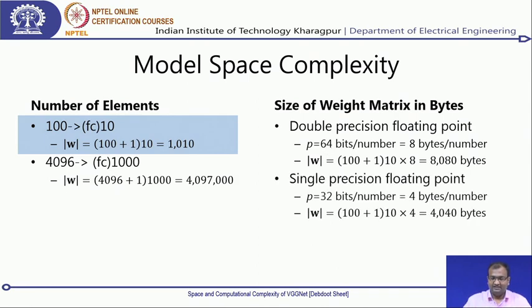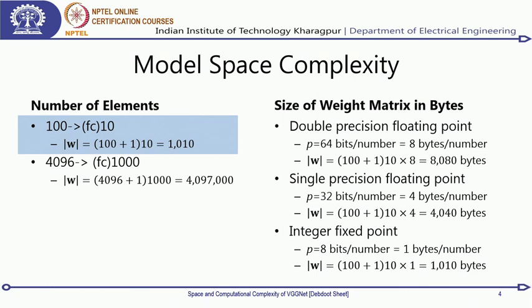Now, say that I change it and come down to a single precision floating point number system, which requires just 4 bytes per number. In that case, this comes down to 4040 bytes in total, which is the size of the weight matrix. Now, if I go even further down and come down to an integer fixed point number system, an integer number system is no more a floating point number system, it becomes a fixed point number system, and typically we would just be using non-fractional or integer type numbers.